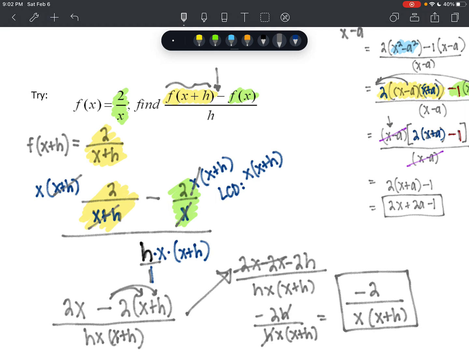Please give yourself that opportunity to go back, rewatch a video, pause a video, work a problem a second time, so that you get more comfortable with the in-depth algebraic process that we're going through to get to our final answer. Usually that's the part that's going to trip you up. It's not going to be the idea of what we're learning. It's going to be the algebra that it takes to get to that end answer.